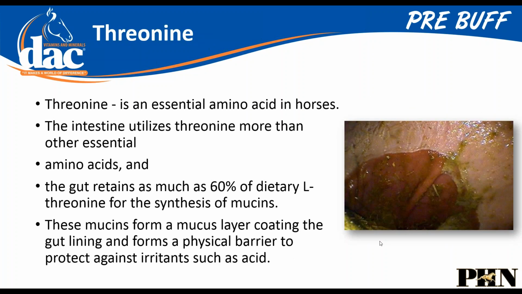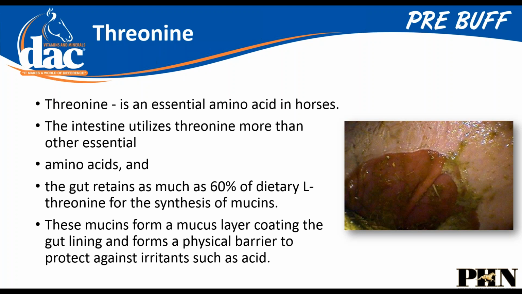We've also included threonine. Now, threonine is an essential amino acid in horses. The intestine of all animals utilizes threonine more than any other essential amino acid, and the gut retains as much as 60% of dietary threonine for the synthesis of these things called mucins.